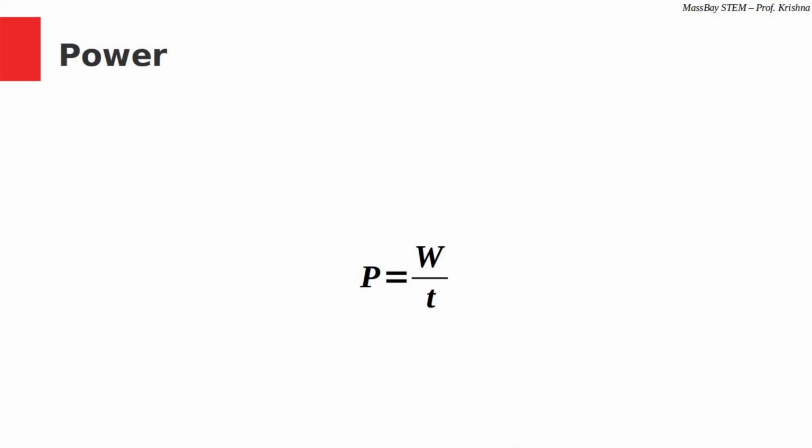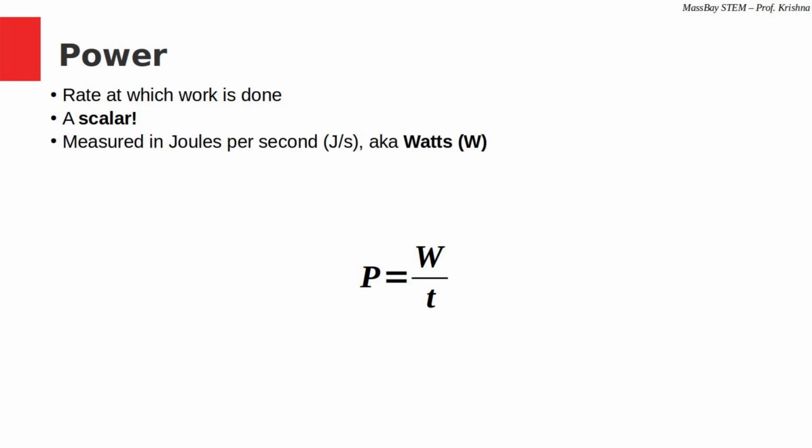One last quantity which is useful to know is power. Power is calculated as work divided by time. It measures how quickly work is done. Like work, power is a scalar. Since work is measured in joules, power is measured in joules per second.